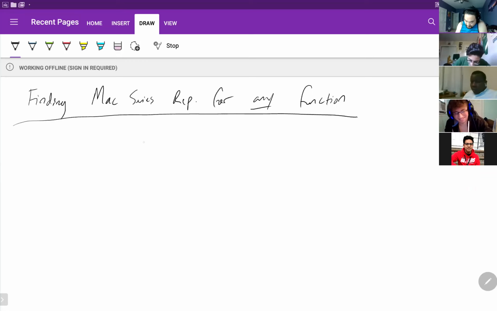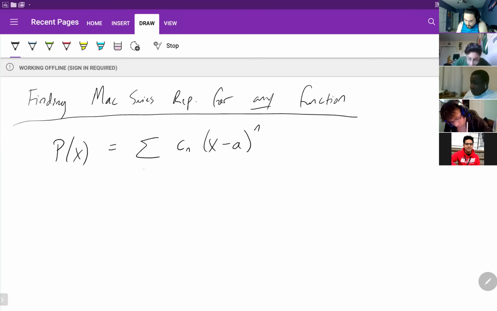In the beginning, I said that a function is represented as such. I think I might be switching the n's or the a's around, but whatever. This is a power series.